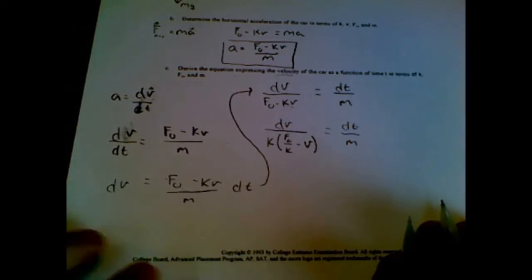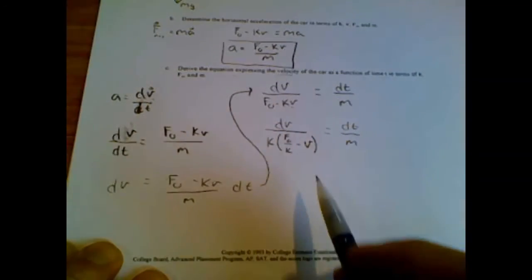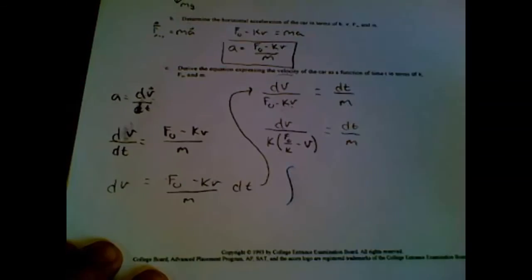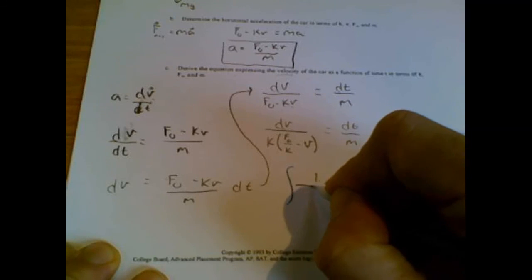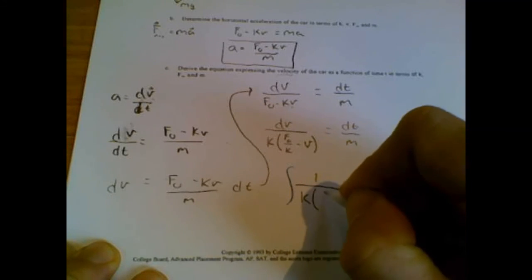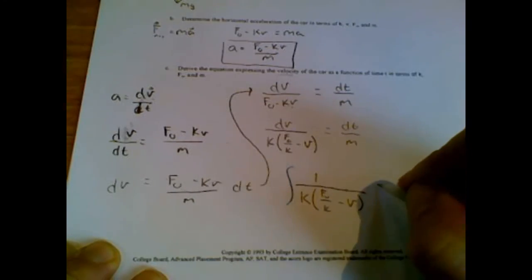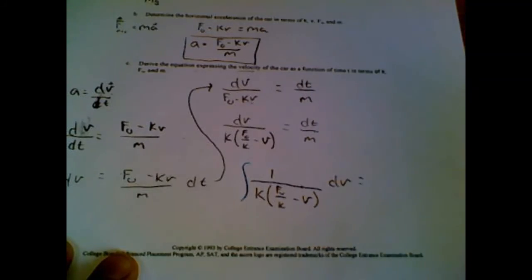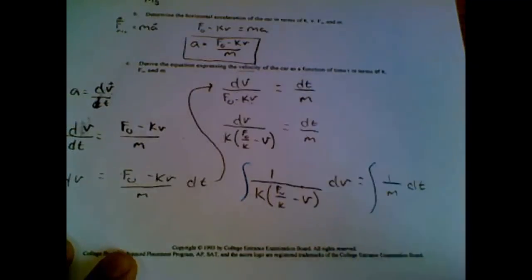And now I'm going to take the antiderivative, because I'm getting rid of this dv and this dt. This is going to look a little bit more normal. I'm going to put 1 over k times F naught over k minus v dv equals the antiderivative of 1 over m dt.